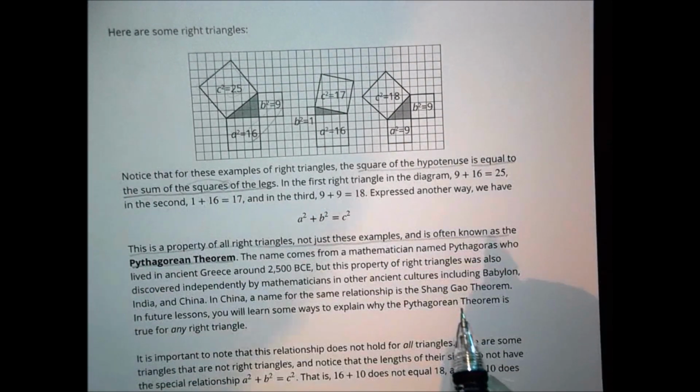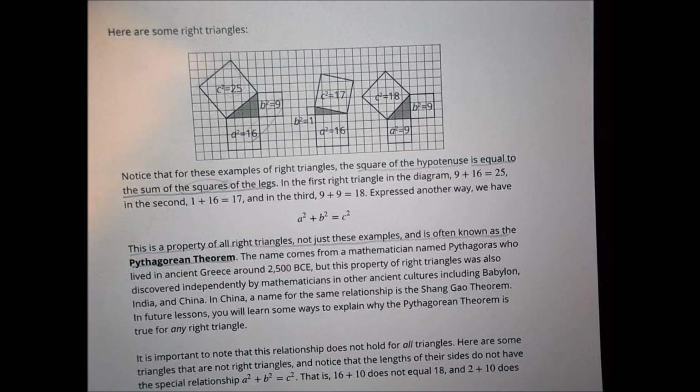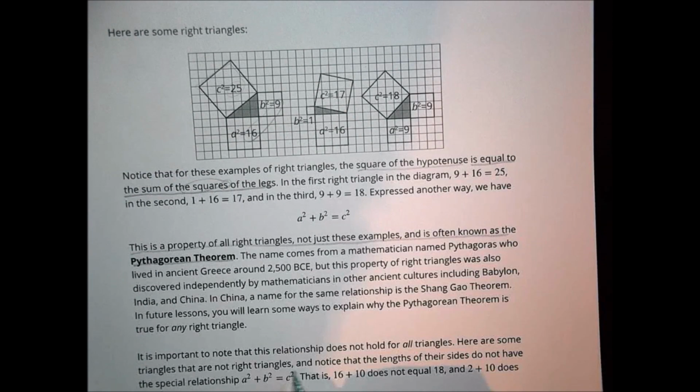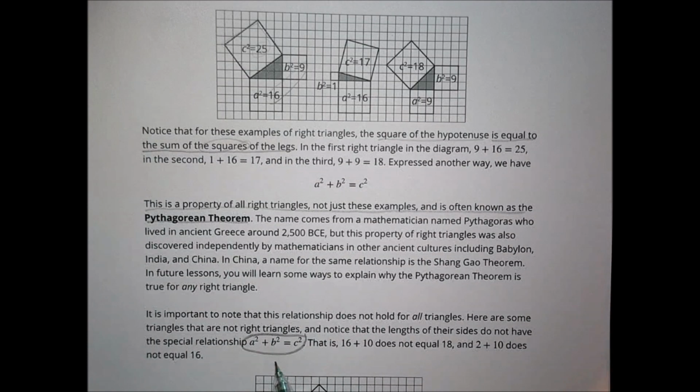That's what today's lesson is about, a special property of right triangles. It says that a squared plus b squared, or the two short legs squared, equals c squared. All right, so pause there, do some homework, and let's come back and check it together.